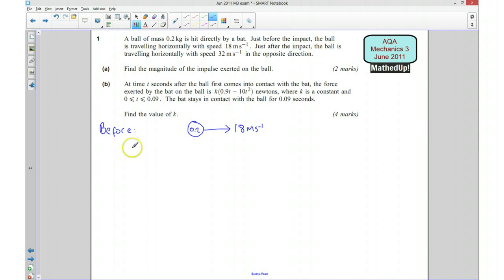Just after the impact, the ball is travelling horizontally with speed 32 meters per second in the opposite direction. So after, it's this time going to be going in this direction, 32 meters per second.